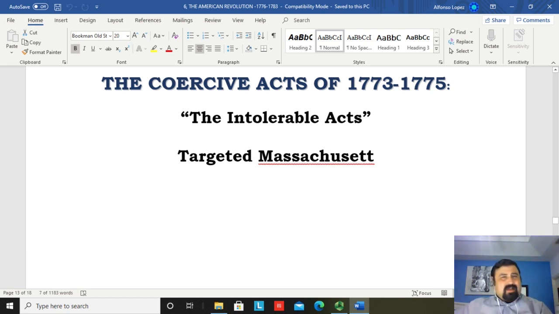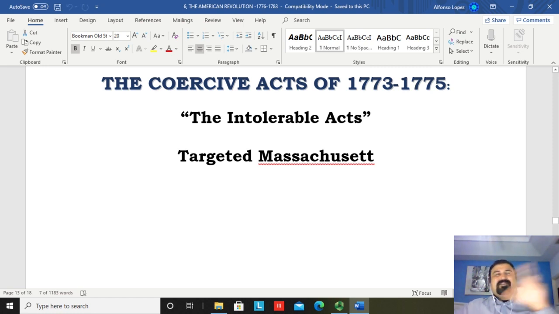And they burned the house of the governor, Thomas Hutchinson, as well. And now the British, the East India Company, has lost 90,000 pounds of tea, the famous Boston Tea Party. And so members of Parliament simply had enough.